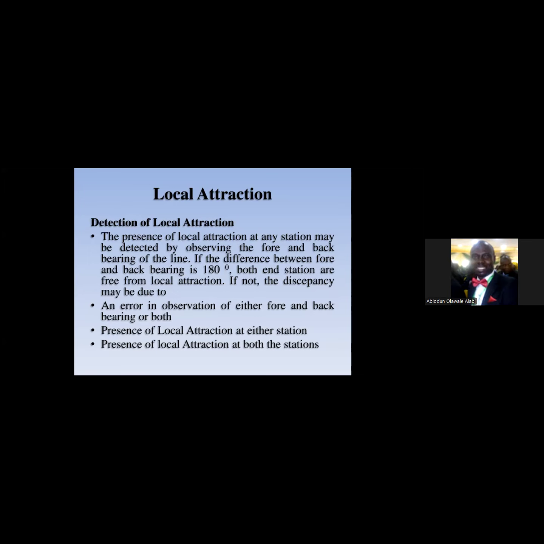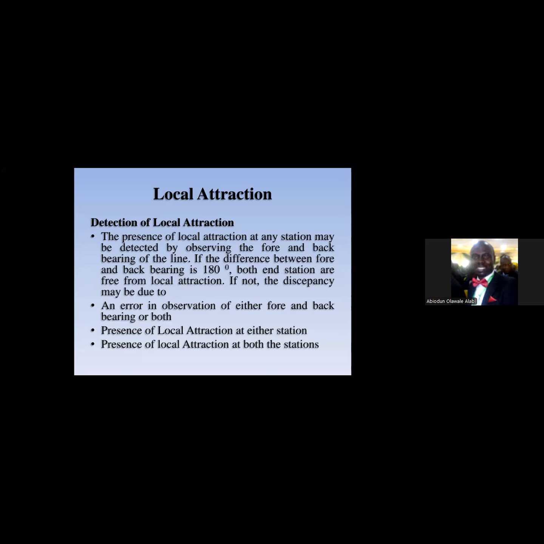And local attraction can occur at each station point. Take for instance, line A to B. At point A, I may not experience local attraction, but when I'm at point B, it's possible I have local attraction, or vice versa.